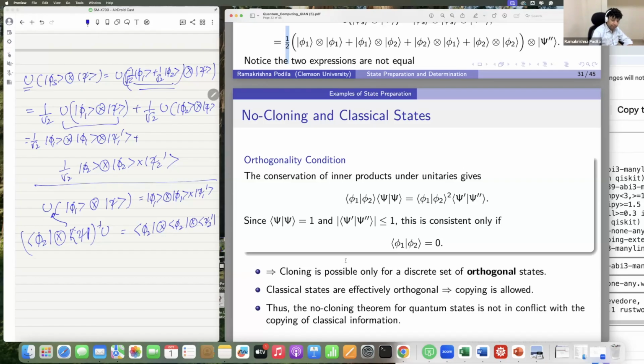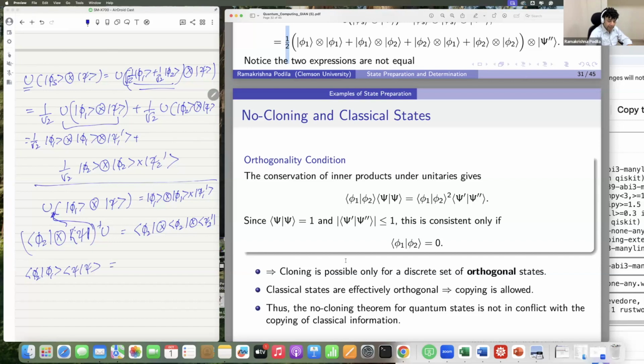So if I multiply these two, then what I'm going to get on one side is phi 2 with phi 1 and psi with psi, u dagger u, because it is unitary, would be identity. So that's what I would get.